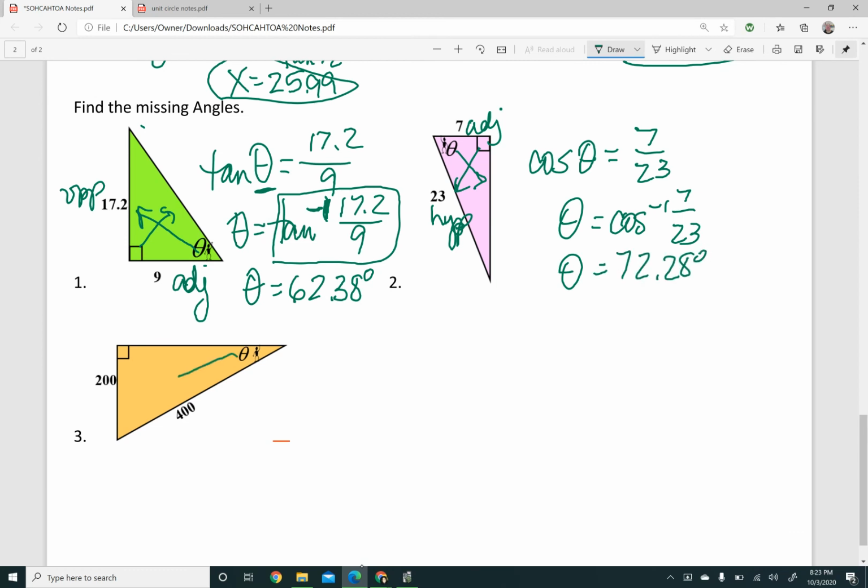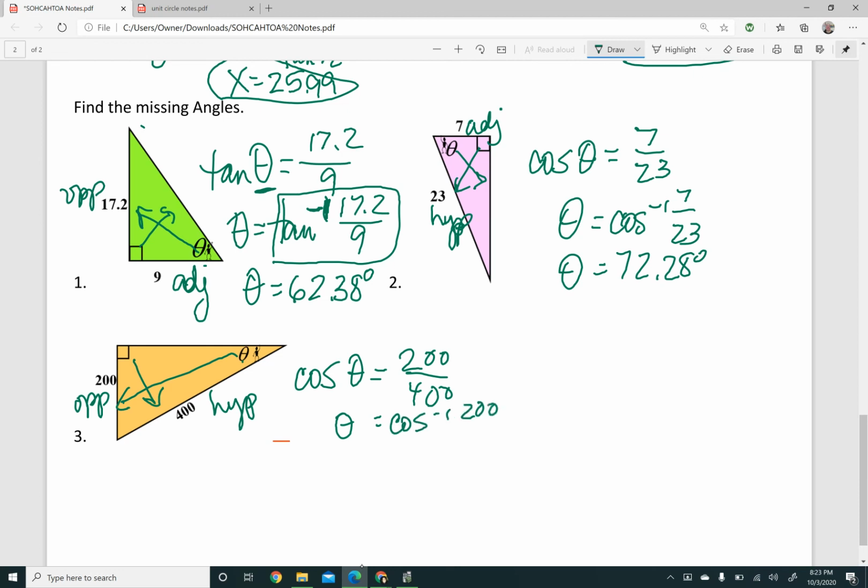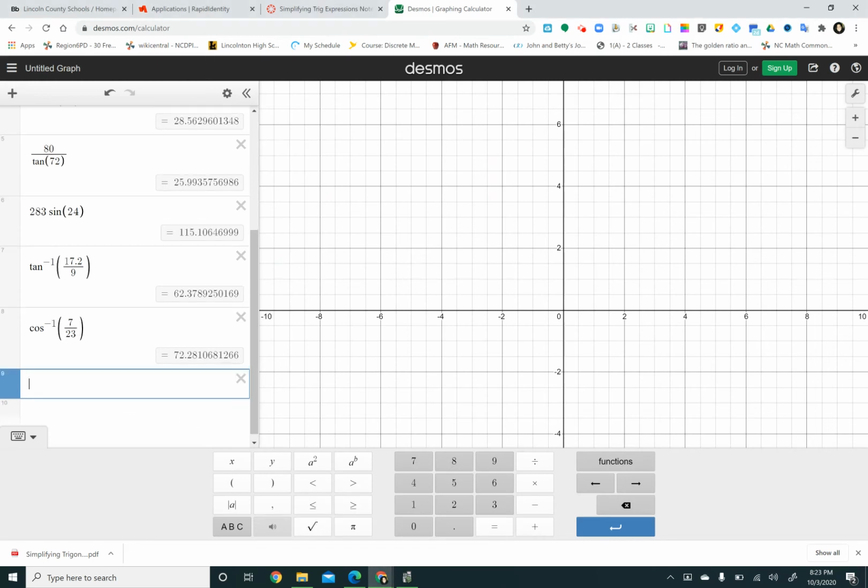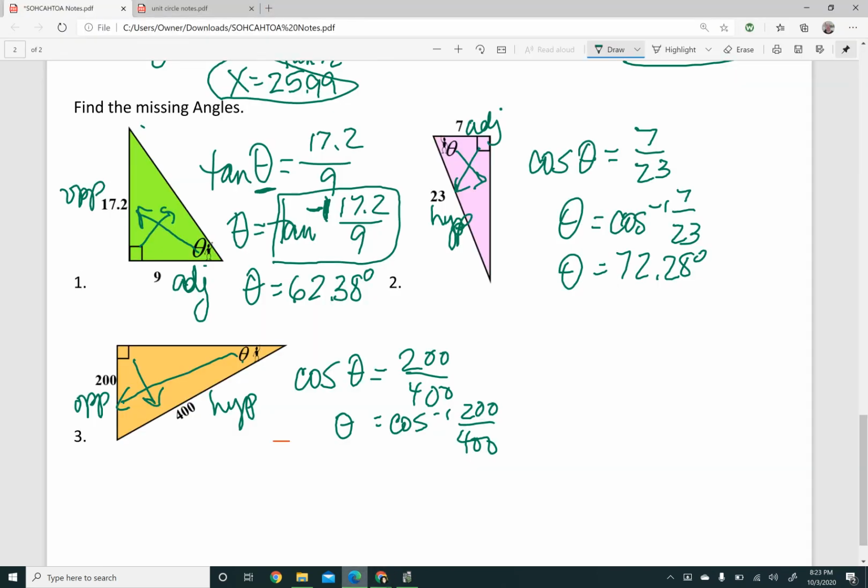And the last one here, this is the opposite, and this is the hypotenuse, which means that's cosine. So the cosine of theta, that's our angle, because we always do an angle here, is 200 over 400. And so theta equals the inverse cosine of 200 over 400. I did not write that right.